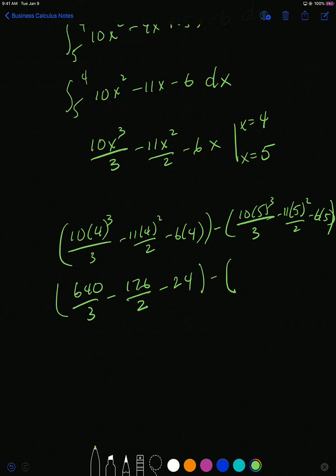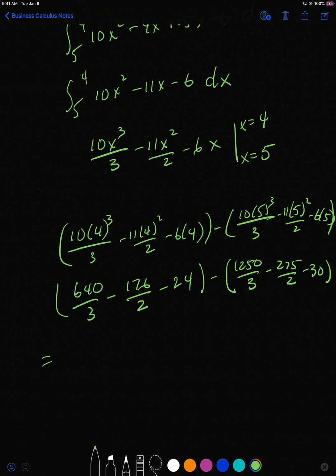Minus 5 to the third power is 125 times 10 equals 1,250 over 3 minus 5 squared is 25, 25 times 11, 275 over 2 minus 30. 6 times 5 is 30.